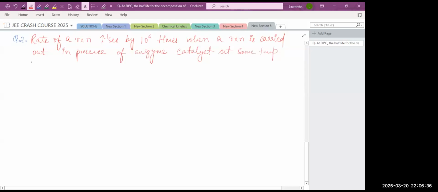And the question here is: determine the change in activation energy.